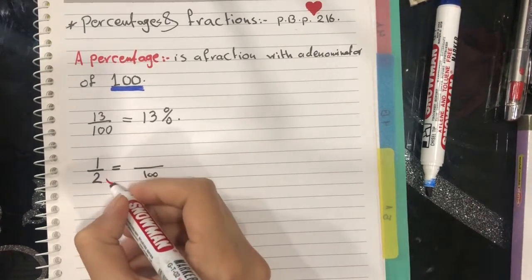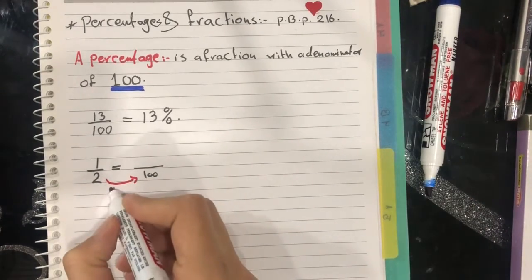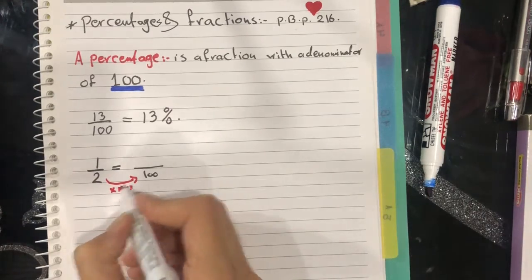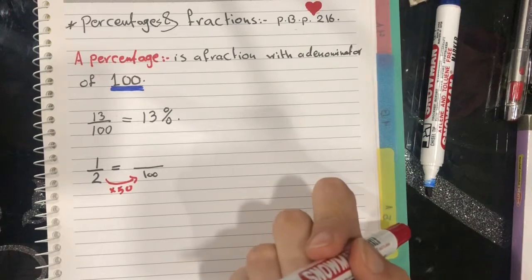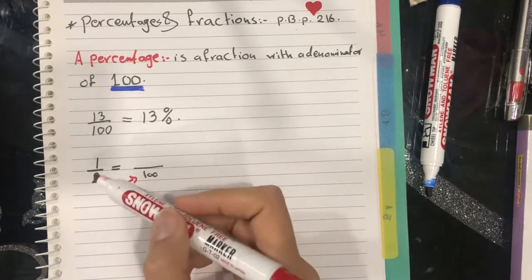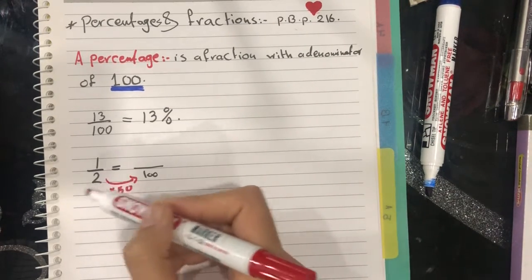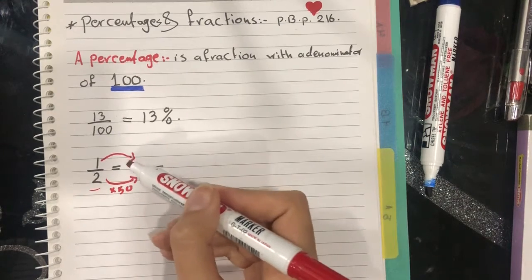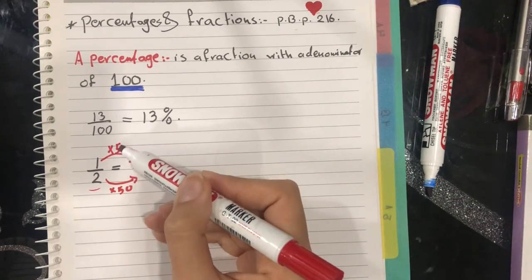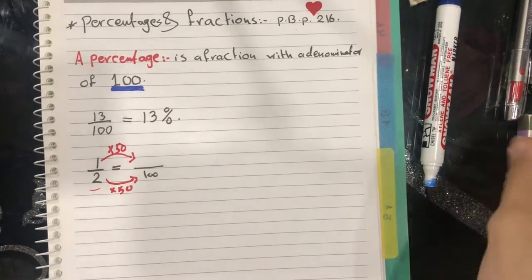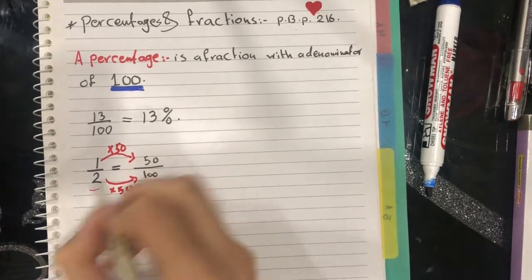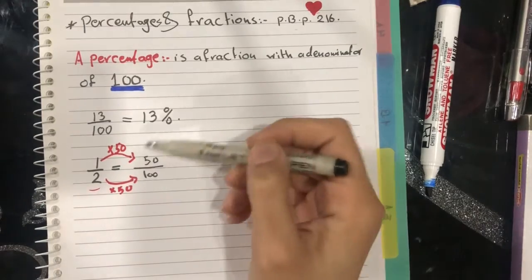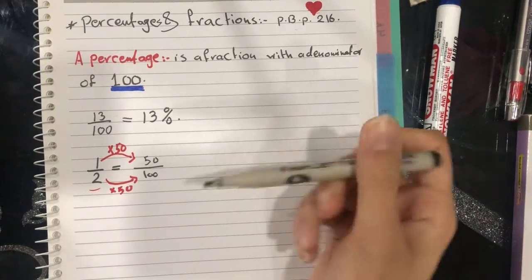We know that 2 can become 100 if we multiply it by 50. And of course, from the properties of fractions, if you multiply the denominator, you need to multiply the numerator by the same number. So 50 times 1 will equal 50. Now the new fraction that we have is 50 out of 100.